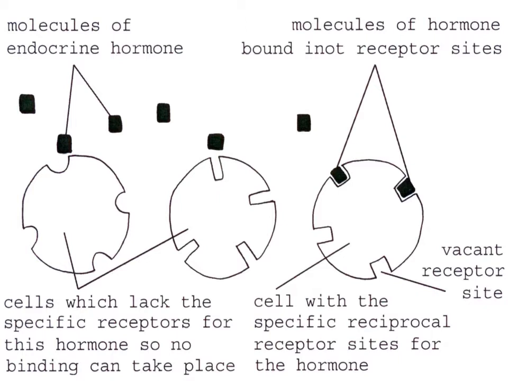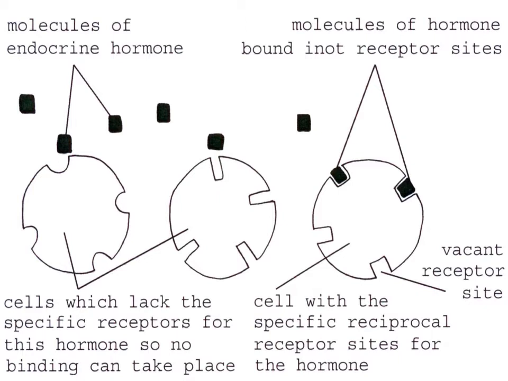However, when it comes to the third cell, the square molecules of endocrine hormone in this case are able to fit into the specifically designed square receptor sites. And once there's a combination of the endocrine hormone and the receptor site, this will generate secondary changes within the cell, bringing about a physiological response in that cell.